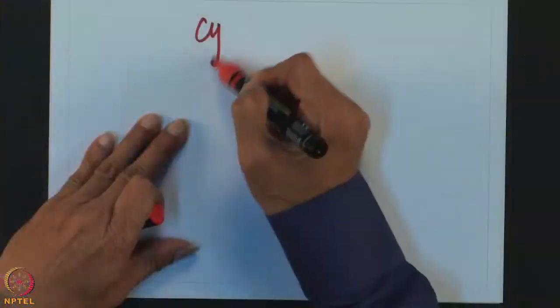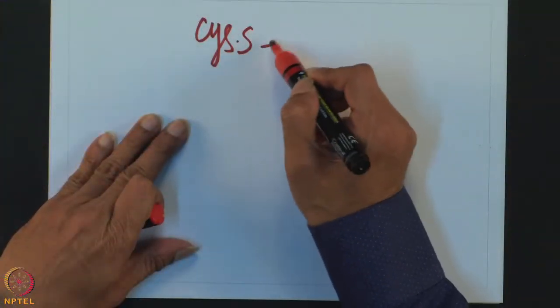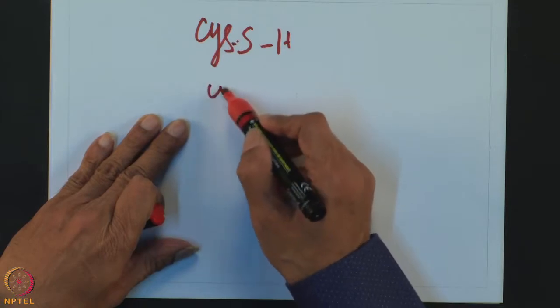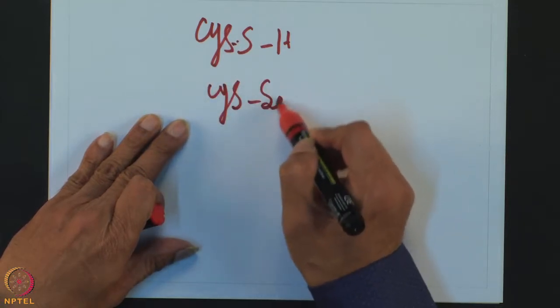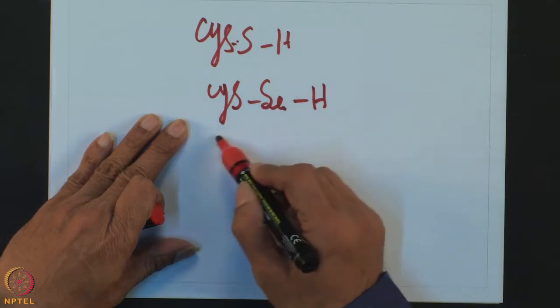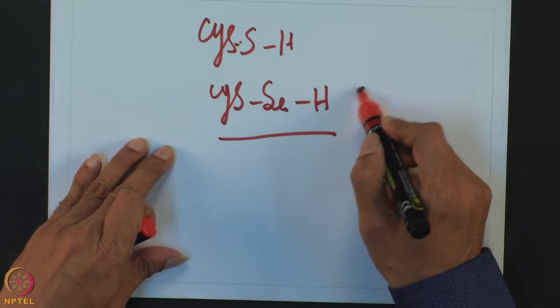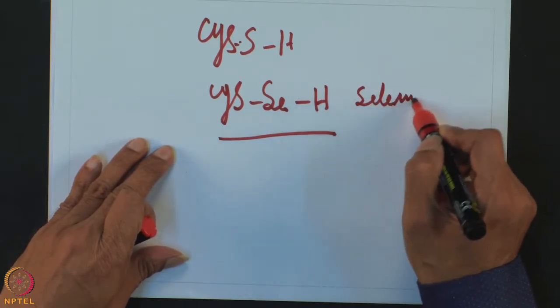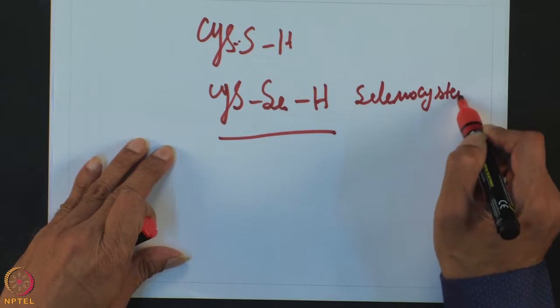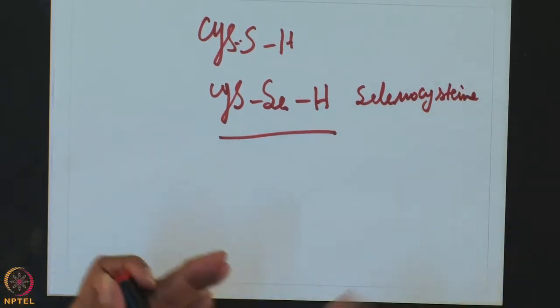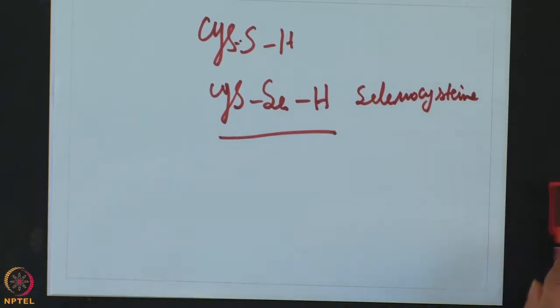Selenium is basically involved as a part of the amino acid, like for example cysteine, which is SH; instead of sulfur you will have a selenium. This is referred to as selenocysteine. So, it is not like a metalloenzyme.